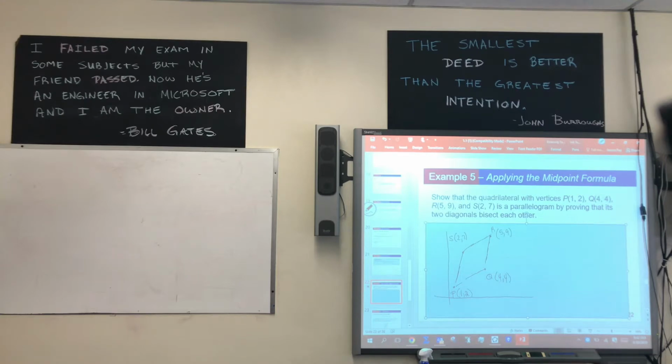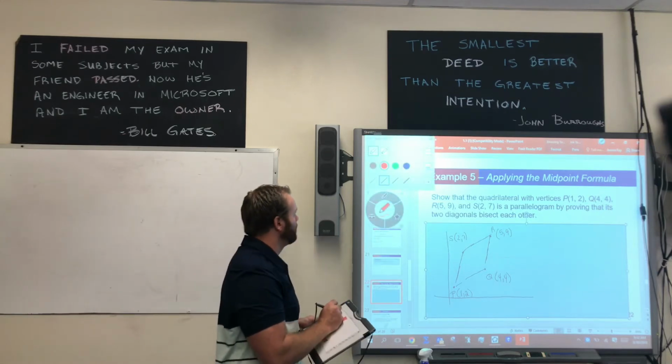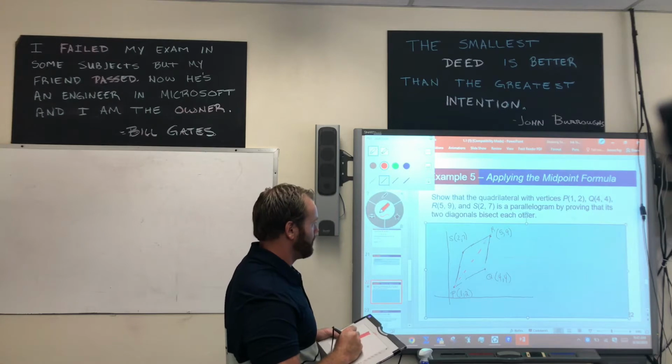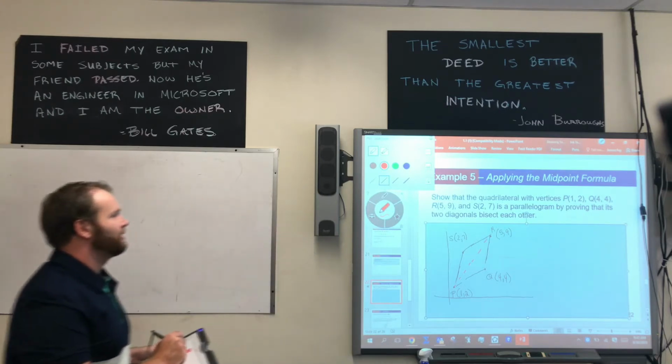Okay. Now our goal is to see, do the diagonals bisect each other? What would be one of my diagonals up there? PR. Okay. PR is a diagonal. What's the other one then?